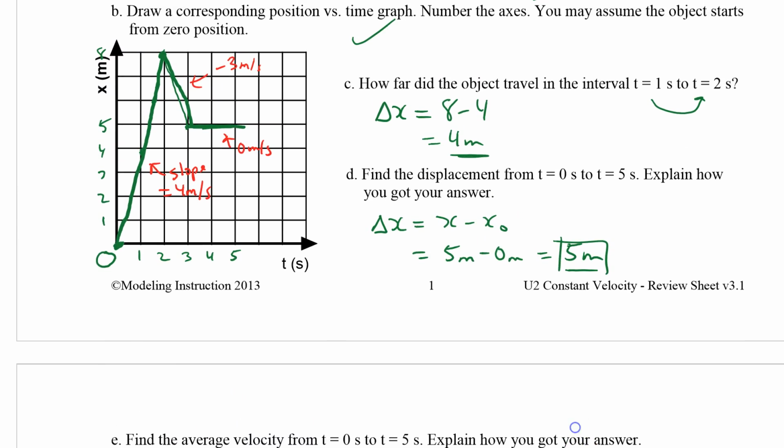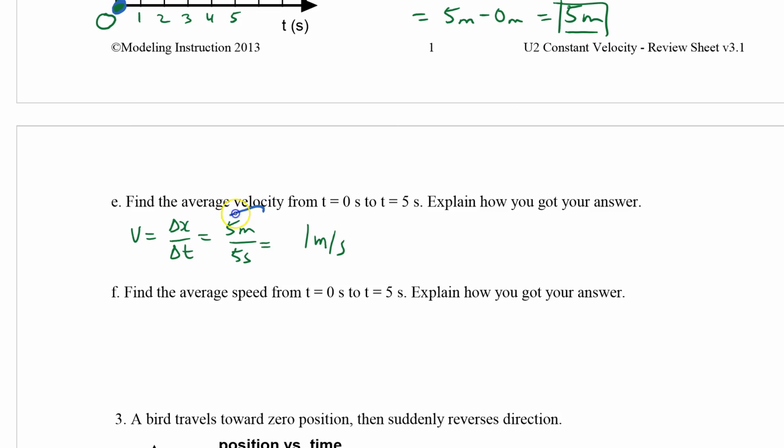Notice you could also say, hey, if I started here, I'll use a different color, if I started here and ended there, those are the only 2 points I'm interested in. Between here and here, I could connect those 2 points and ask, what's the slope? Well, it rose 5, run of 5, 5 divided by 5, is equal to 1 meter per second.